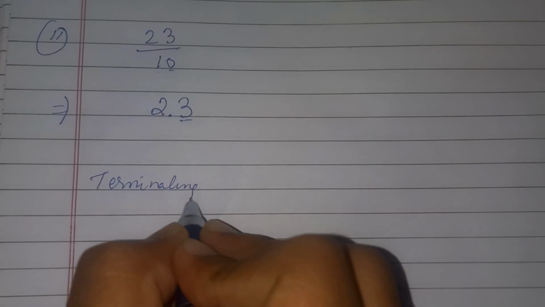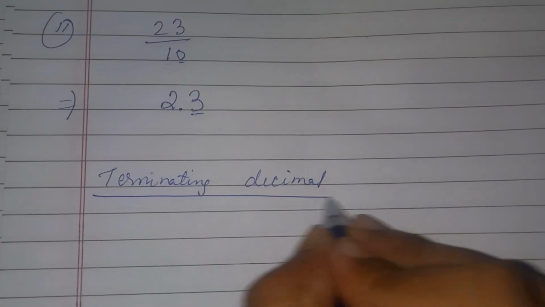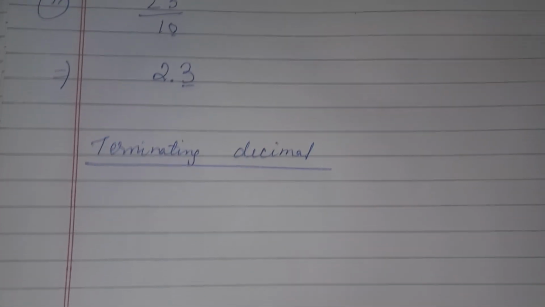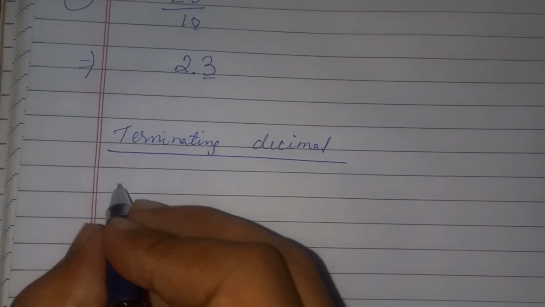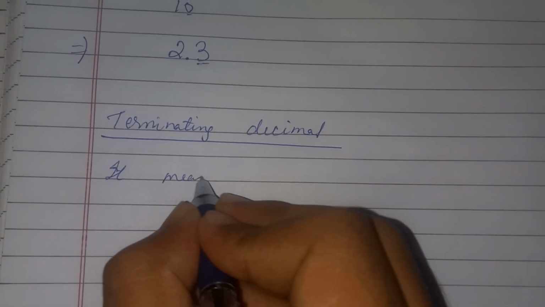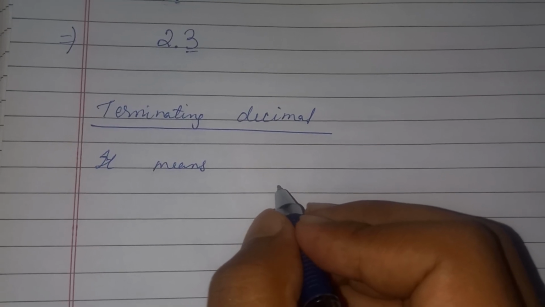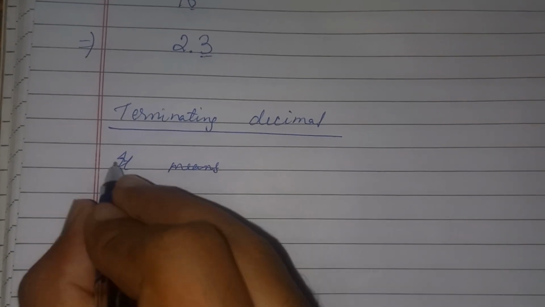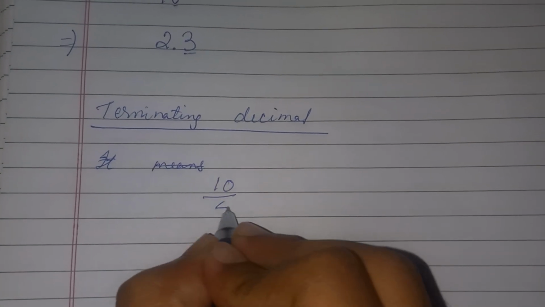So now let's take the differences. First, let's see terminating decimal. I'll just take an example and explain it to you. Let's take an example, 10 over 4.